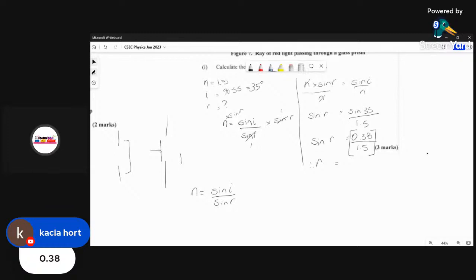So when we transpose, we get sine R is equal to sine I divided by n. When we did sine I, that's sine of 35, we got 0.38. We now need to divide that by 1.5. So we divide 0.38 by 1.5. What do we get?